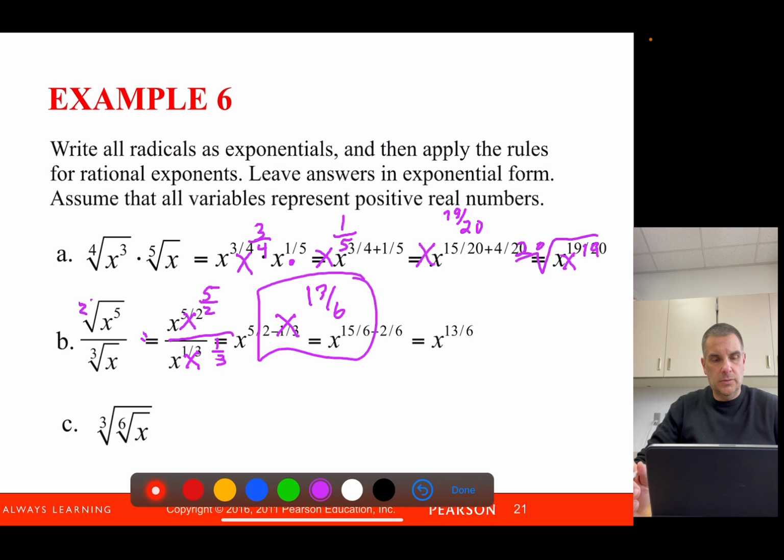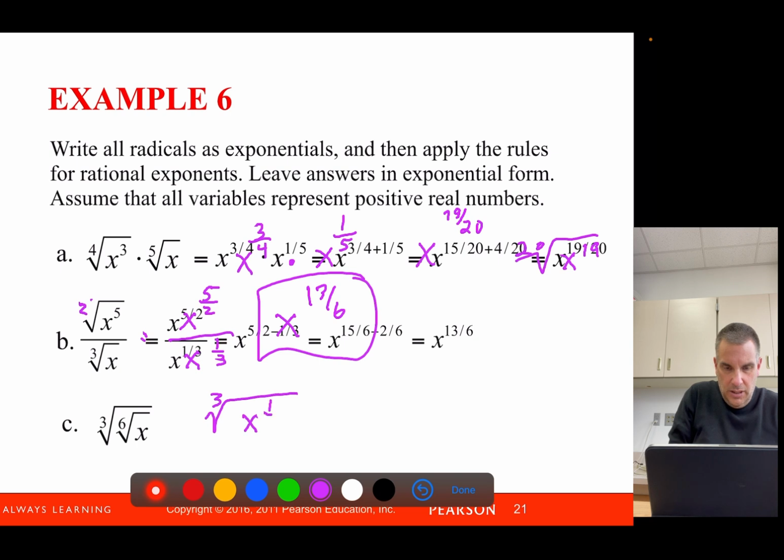The next one, the cube root of the 6th root of x. So let's start on the inside. Let's rewrite the inside. So that's going to be x to the 1/6. And then, this is interesting.